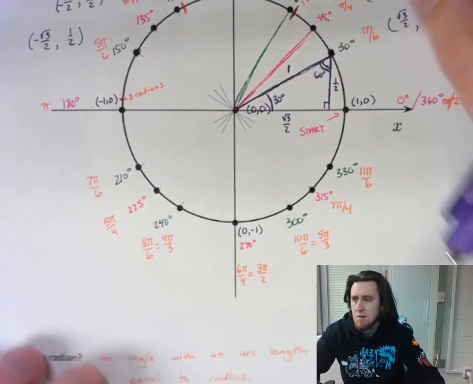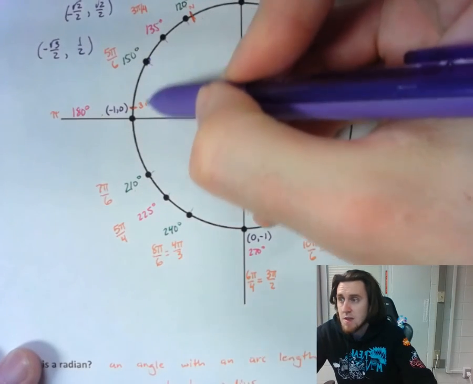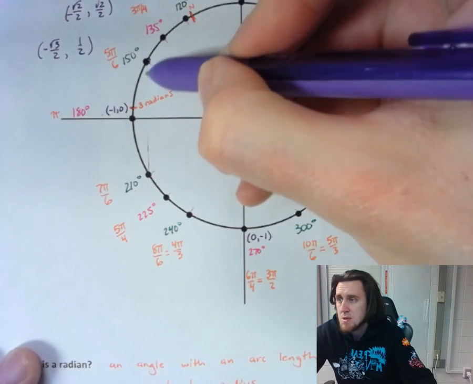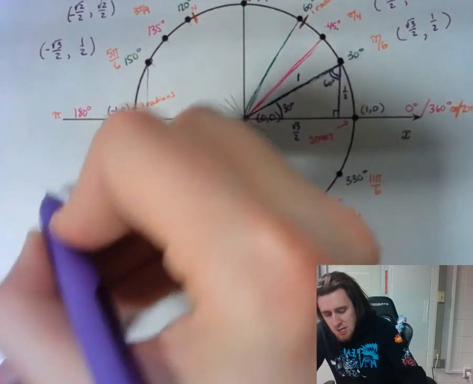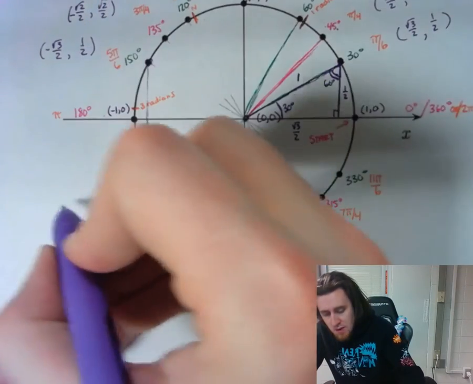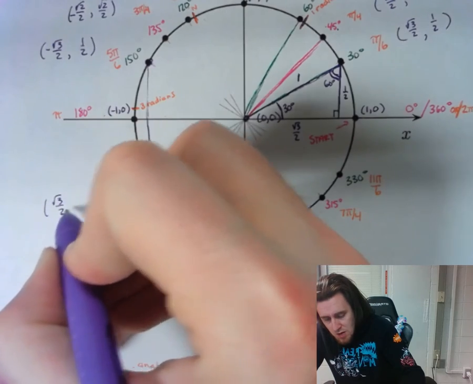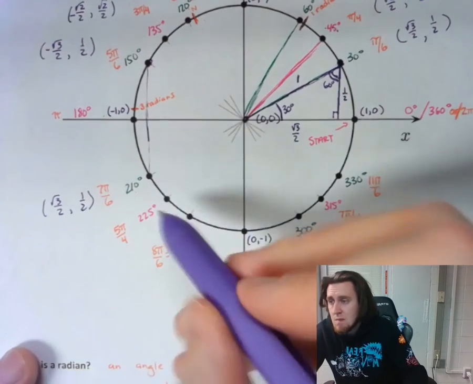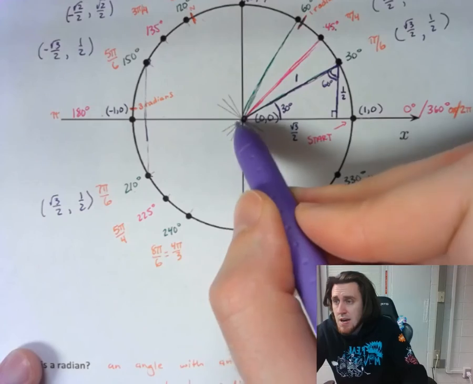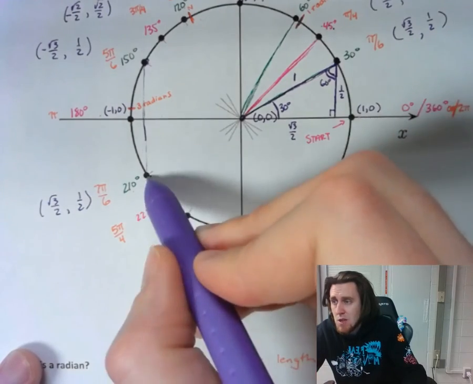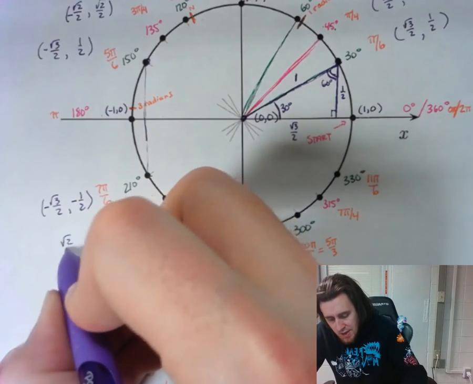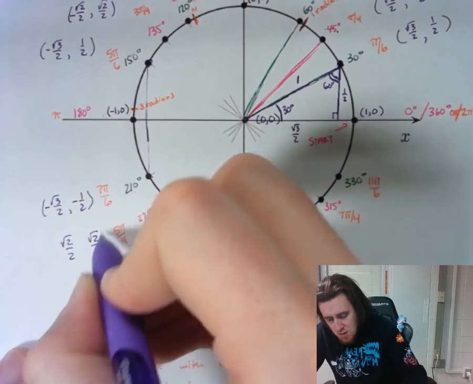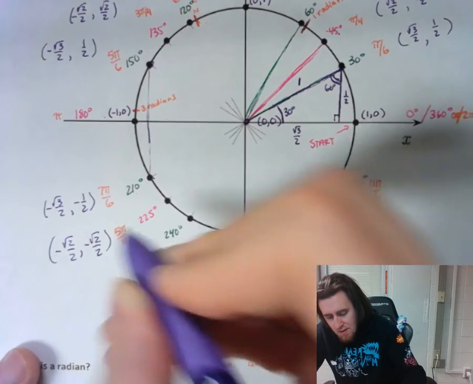Moving down to the bottom, I know that these 2 points have the same values, right? So 210 is going to be the same point as this, root 3 over 2, comma, a half. But we're in quadrant 3 now, and the x values are negative and the y values are negative, so they're both negative here. And then root 2 over 2, root 2 over 2, they're both negative.